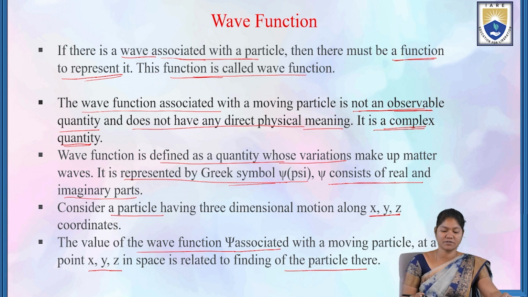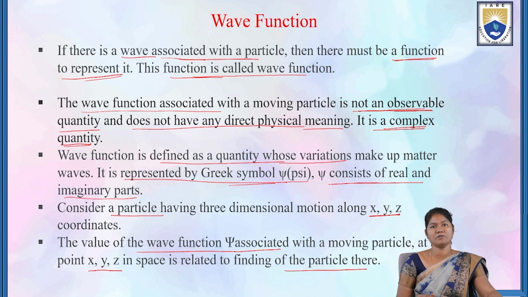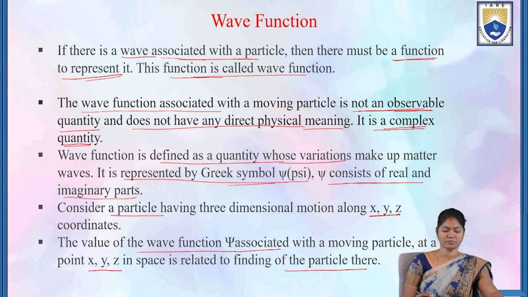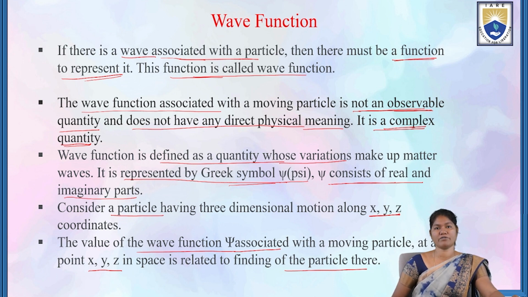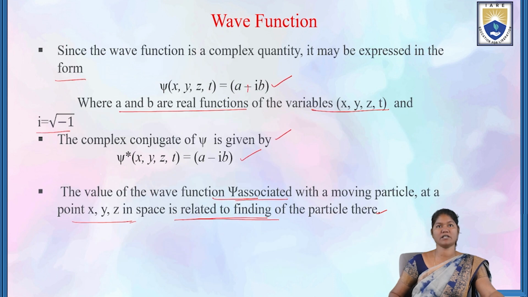And then we have taken the particle in a three-dimensional coordinate system, so we can represent the wave function as psi of x, y, z, and t. We have taken the wave function and its complex conjugate, and then we took the product.